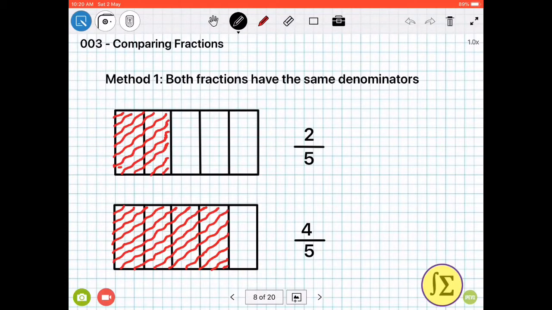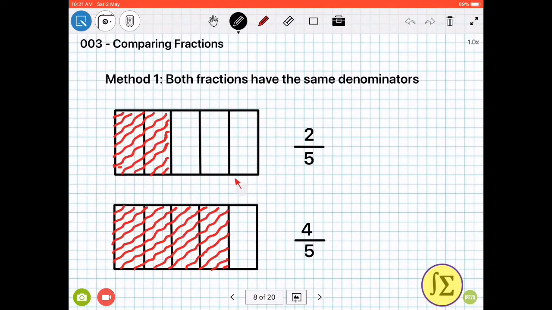The first one at the top is a whole rectangle, and they are the same size. The first rectangle has been divided into 5 equal pieces, and 2 pieces have been shaded. The rectangle below has been divided into 5 equal pieces also, but 4 pieces have been shaded.